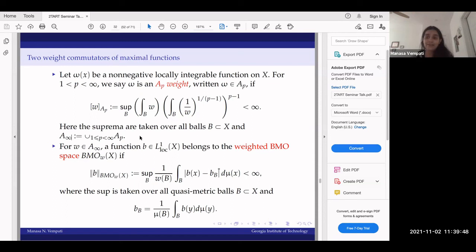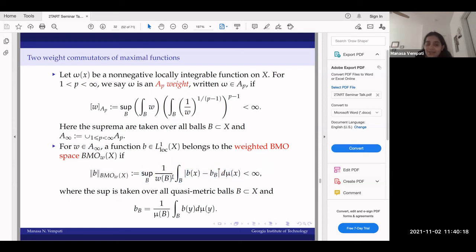Now that we have the definition for omega being an A infinity weight, we can define what the weighted BMO space is in the setting of a space of homogeneous type. For that, we consider omega that is an A infinity weight, and we consider b that is a locally integrable function on the space of homogeneous type. We say that this function b belongs to the weighted BMO space if the weighted BMO norm, which is given as this supremum, is finite.